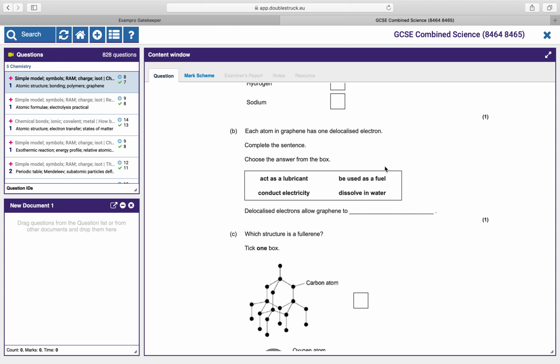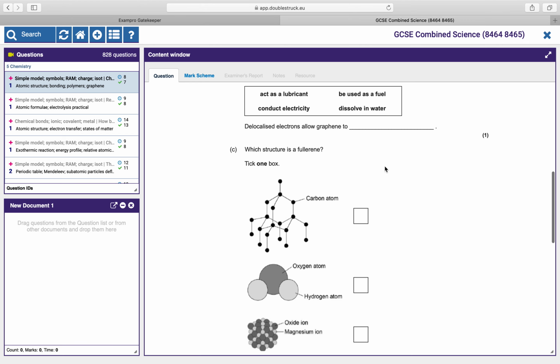You need to think, what is it that electrons do? Electrons move. You see them in electricity. They conduct electricity. They carry electric charge. So the delocalized electrons allow graphene to conduct electricity, and in fact, that's the same thing that metals do to conduct electricity as well.